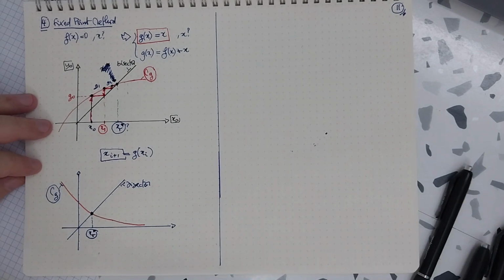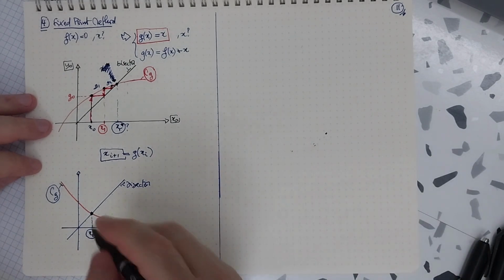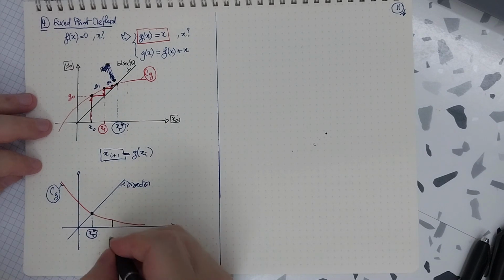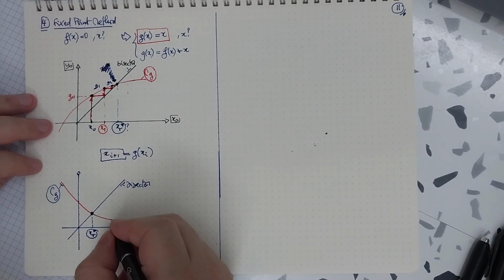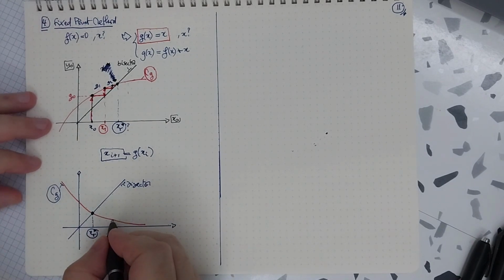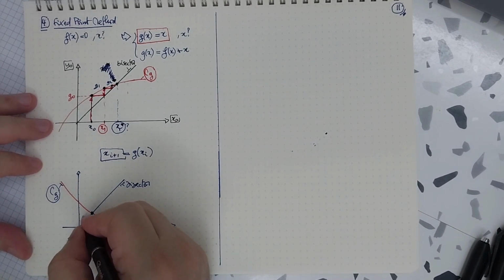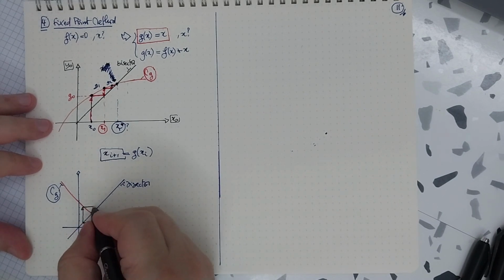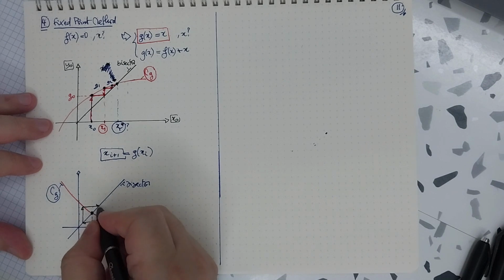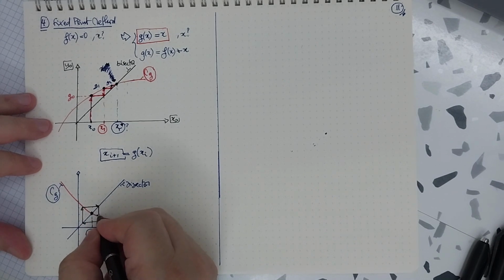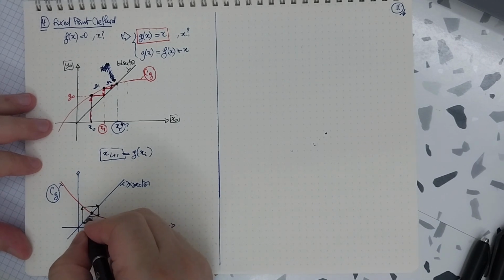So what we do, we start with a point, x0. We go to the curve. From the curve, we go to the bisector. From the bisector, we go to the curve. From the curve, we go to the bisector, and so on. And it's like a spiral.